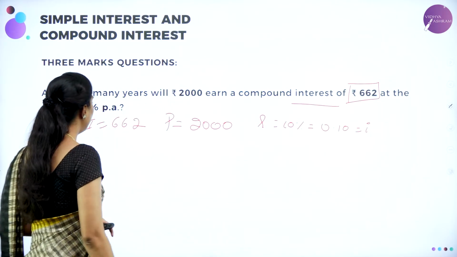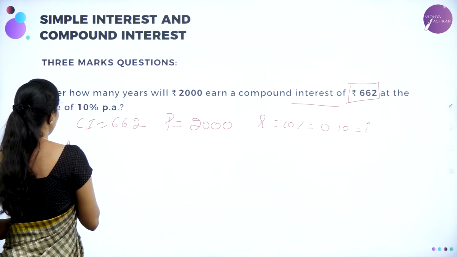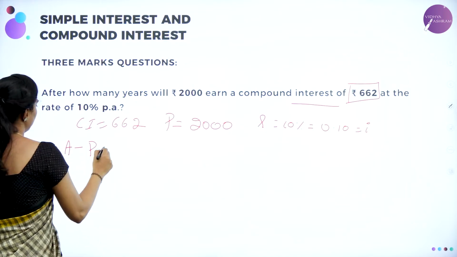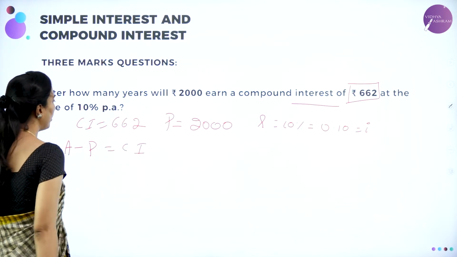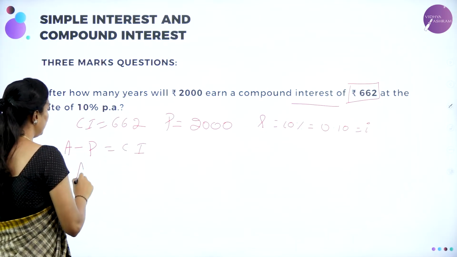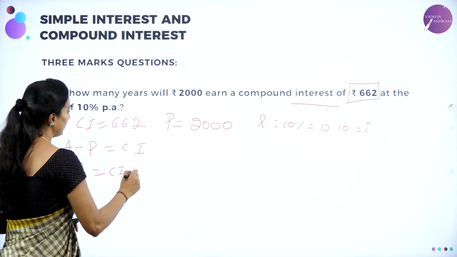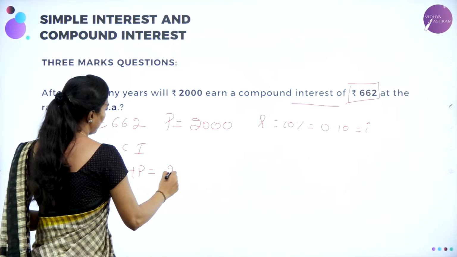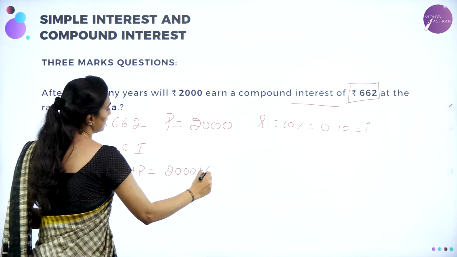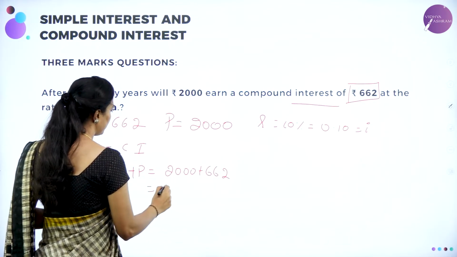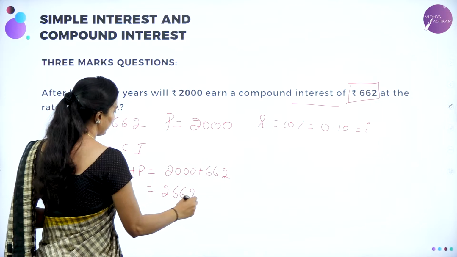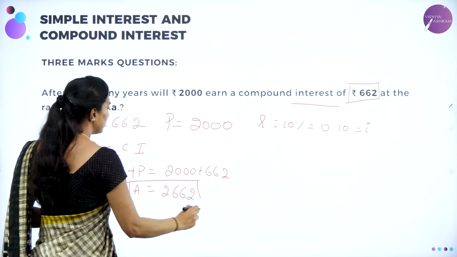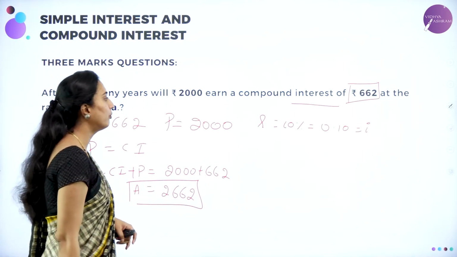So CI will be equal to A minus P. Now you can calculate A will be equal to CI plus P, which is 2000 plus 662, which will become 2662. That is A.